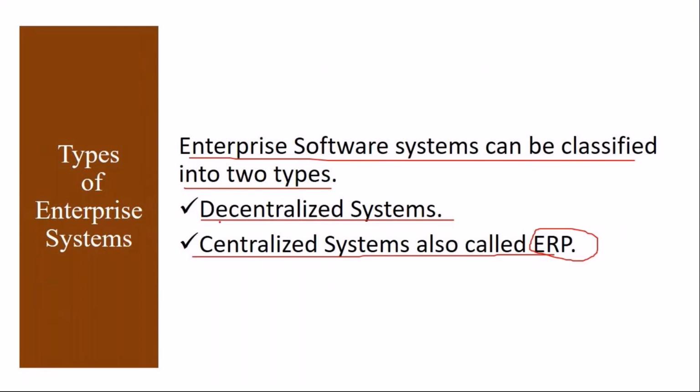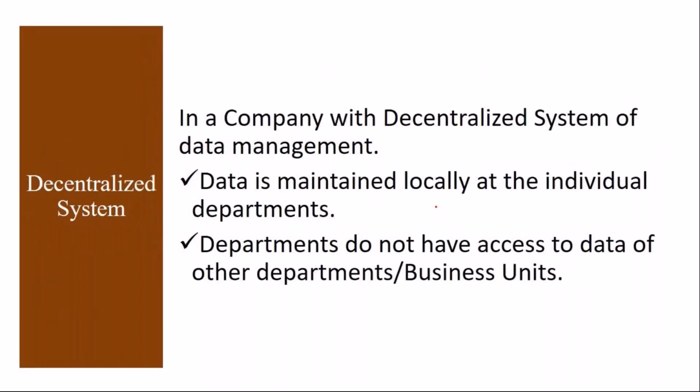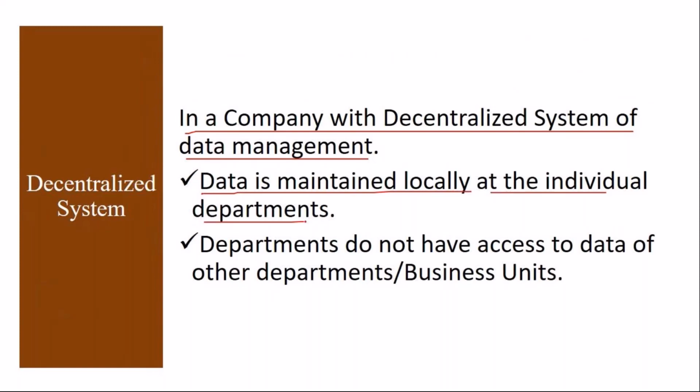First we will understand the problems with the decentralized system. In a company with a decentralized system of data management, data is maintained locally at the individual departments. Here each department has its own system, and they maintain their data in their individual systems.